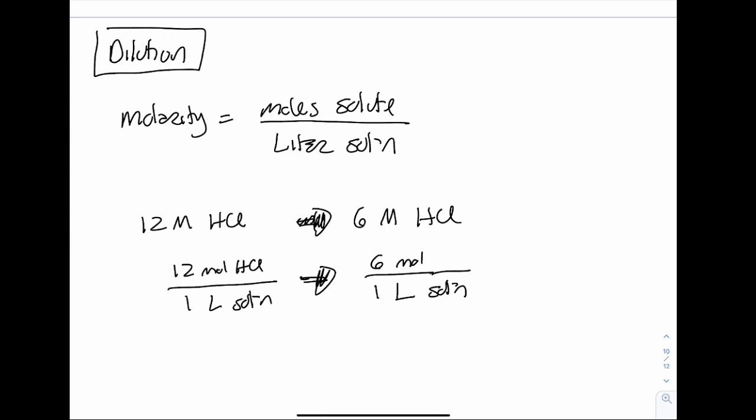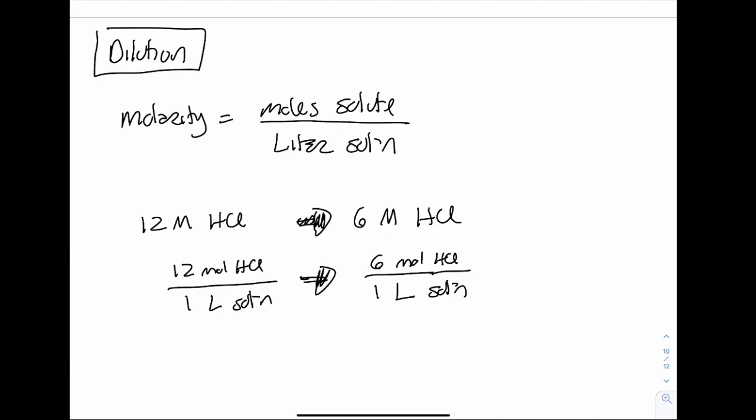However, we can't remove moles of HCl, right? These are itty bitty small little particles. And if you're doing this in the lab, you can't sit there with a microscope and microscopic tweezers and pull out molecules of HCl. We can't do that. It's just not physically possible to remove moles of our solute.